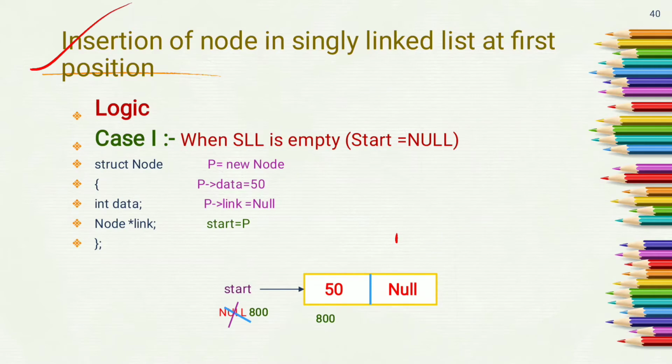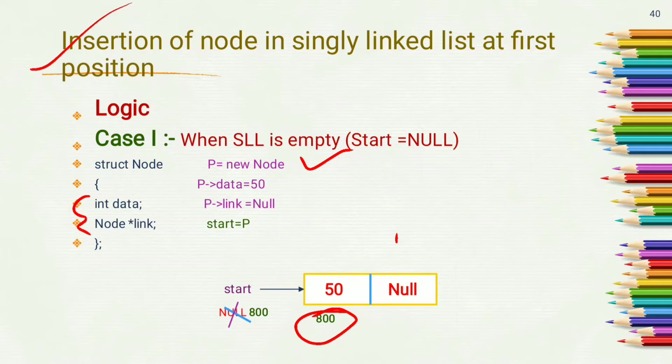So when there is no node in the singly linked list and you want to insert a node at first position, first you have to create a new node with the help of the new operator: p equals new node. When you write p equals new node, if memory is available in computer memory to create a node of type node, which contains 2 fields, integer data and pointer link of type node.